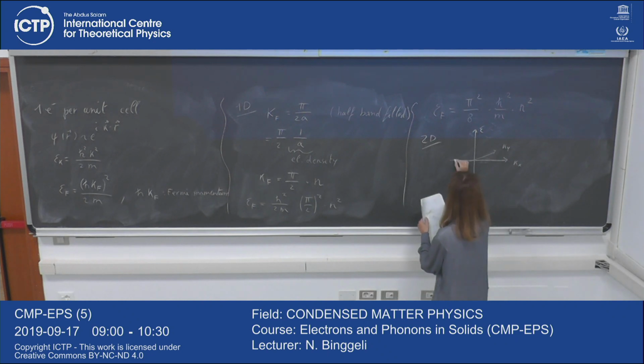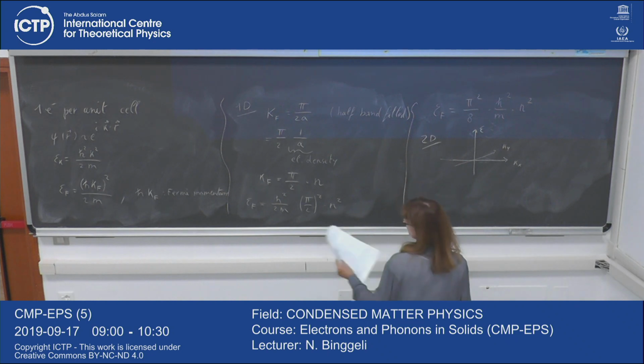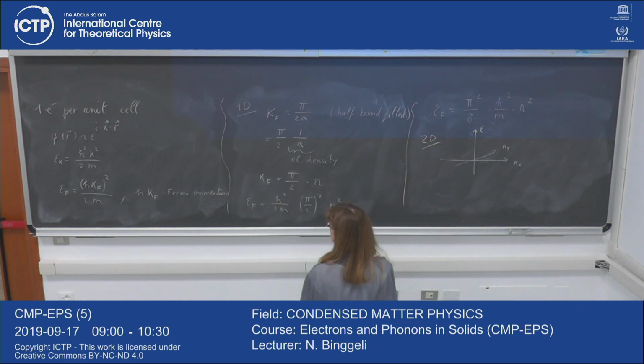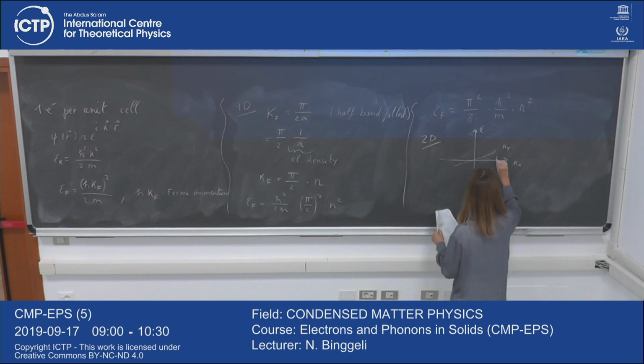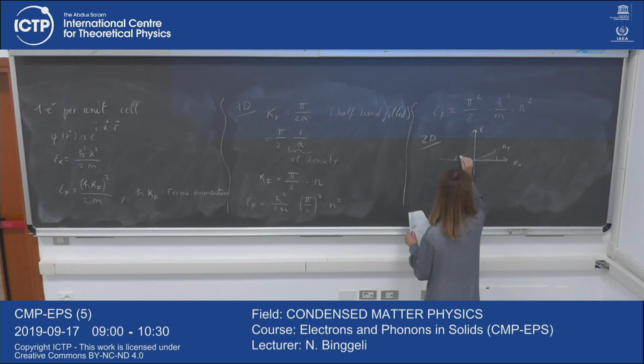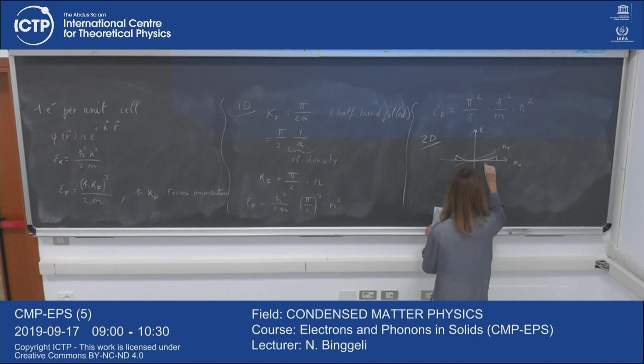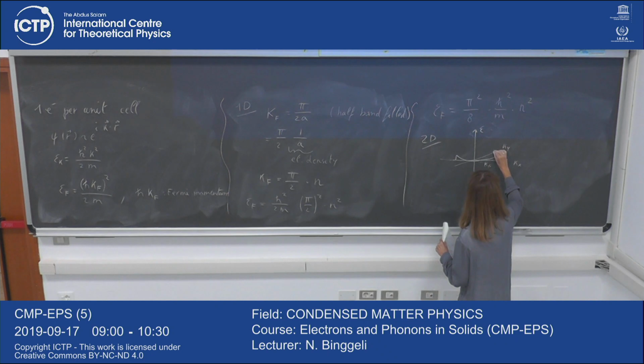So I will have a parabolic dispersion in the free electron model, and I will fill up to a k_F, and here also.